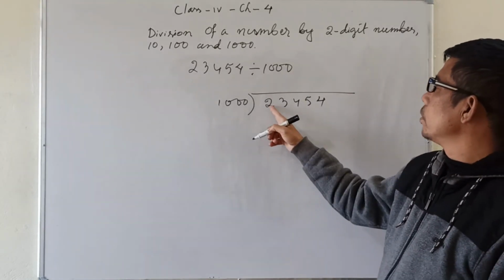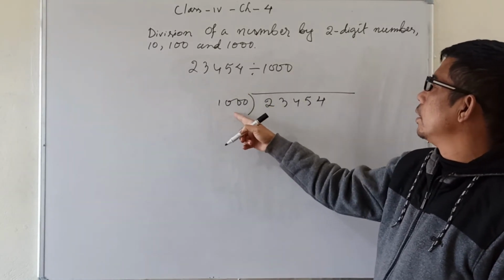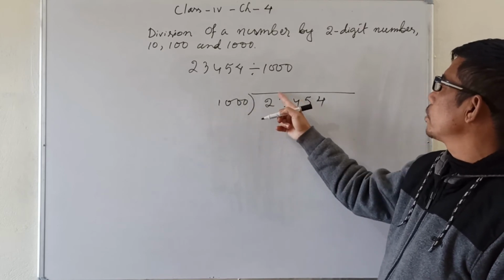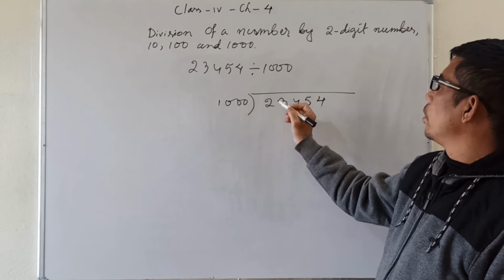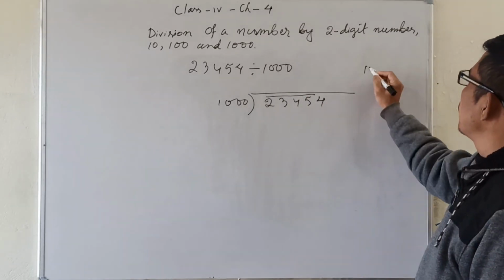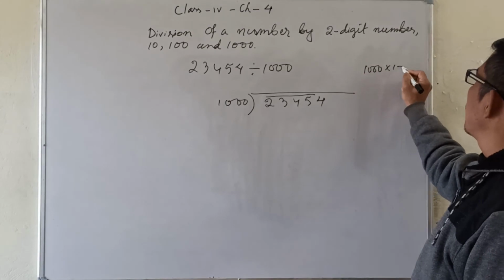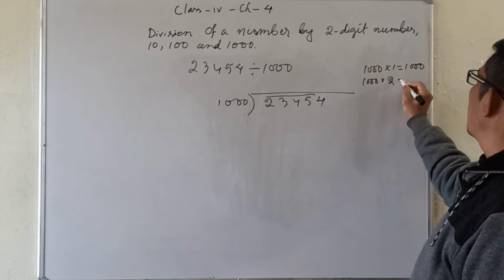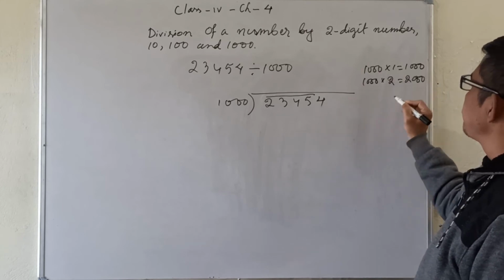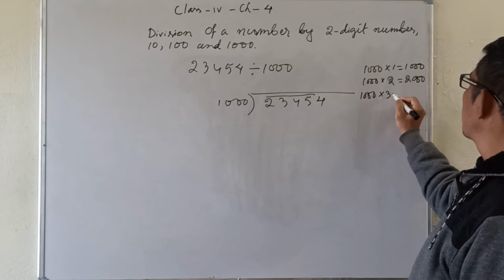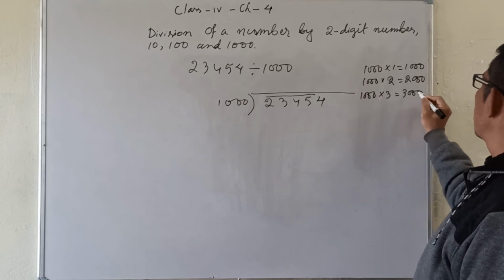Like before, 2 is smaller than 1000. 23 smaller than 1000, 234 smaller than 1000. So we have to take this much, 2345. So in the multiples of 1000, 1000 ones are 1000, 1000 twos are 2000, 1000 threes are 3000.